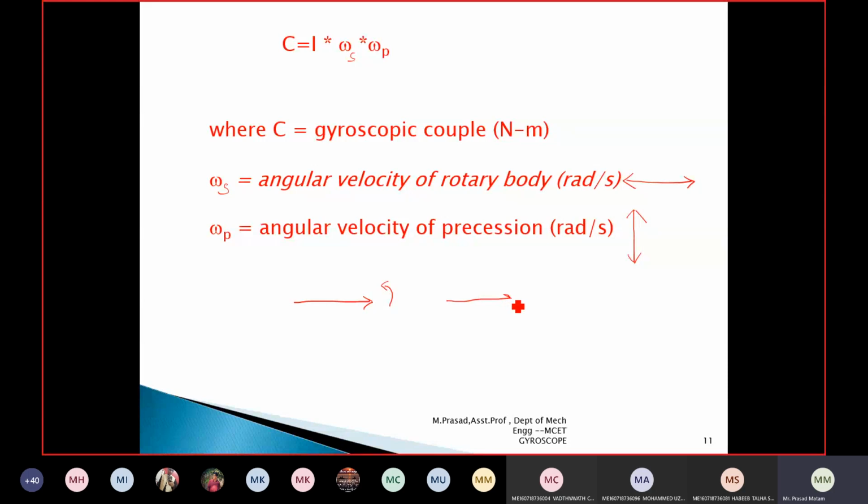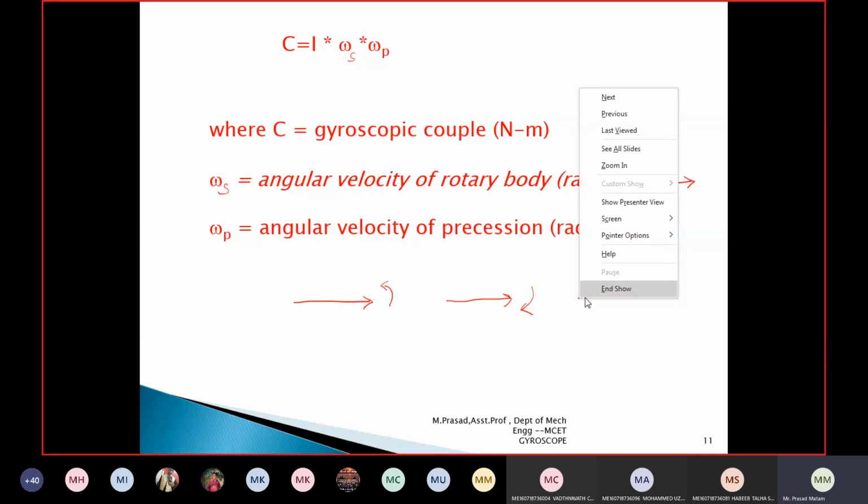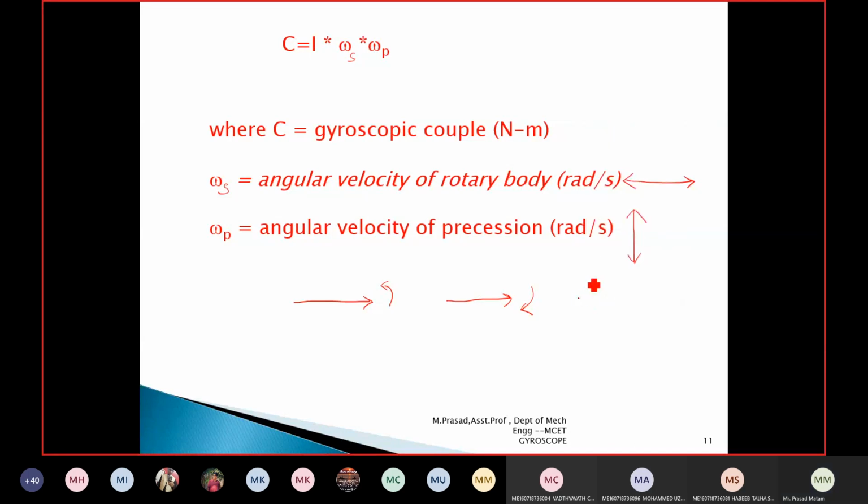Second case, the disk is moving in the forward direction, taking a right turn. Next case, what are we having? The disk is moving in the reverse direction, taking a left turn. Again, the disk is moving in the backward direction, taking a right turn. Four cases are there.